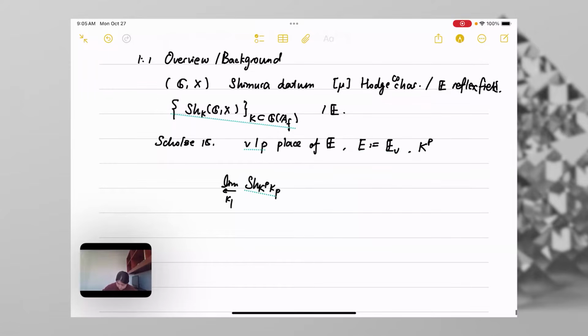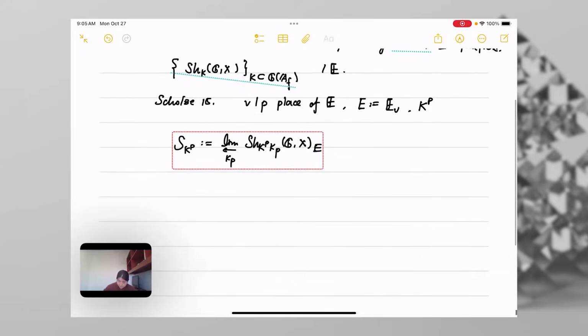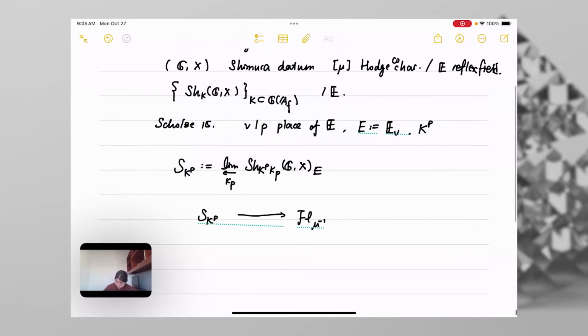So you pass to infinite level at p of the base change of these Shimura varieties to this local field, and we denote it by S_{K^p}. Then this Hodge-Tate period map would be a map from S_{K^p} to a partial flag variety, parameterizing filtrations of type mu inverse, where mu is the Hodge cocharacter.